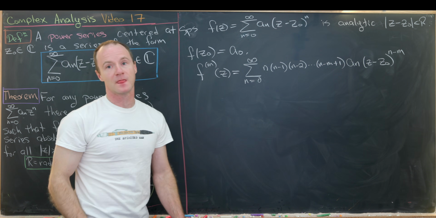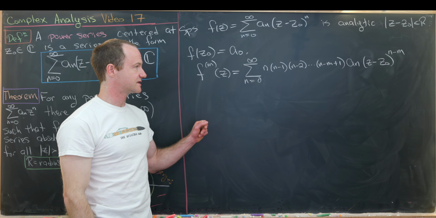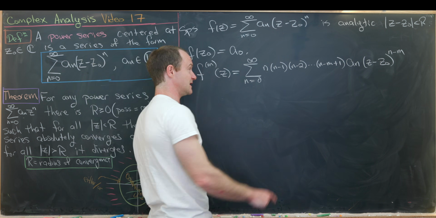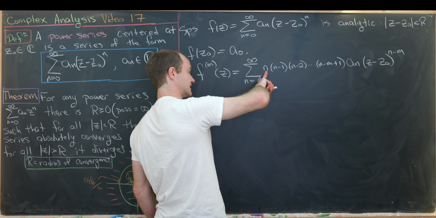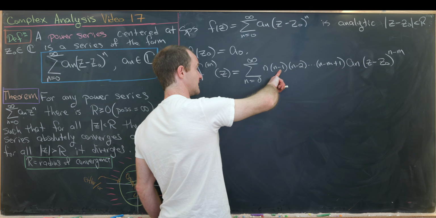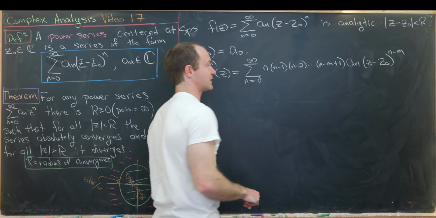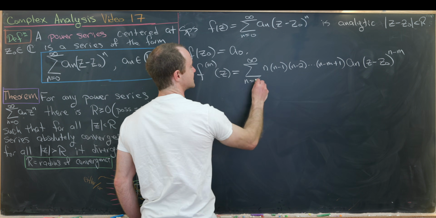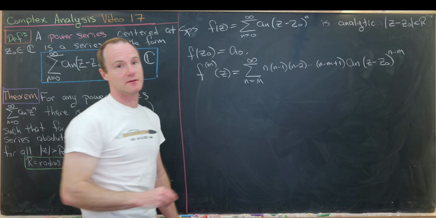Another thing I'd like to notice is that this sum really starts at m, because the 0th term cancels out because of this, the n equals 1 term cancels because of this, and in fact everything up to the term before m cancels because of those coefficients. So I can really change this to starting at n equals m.